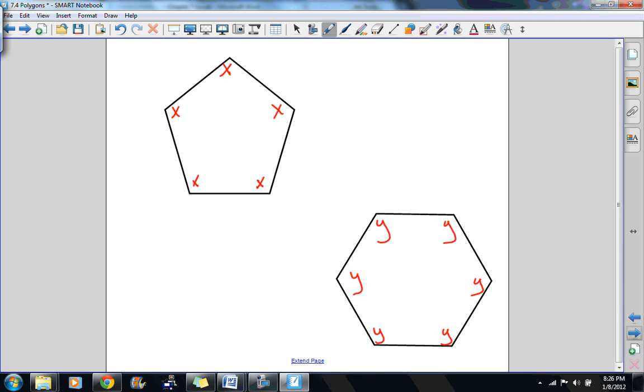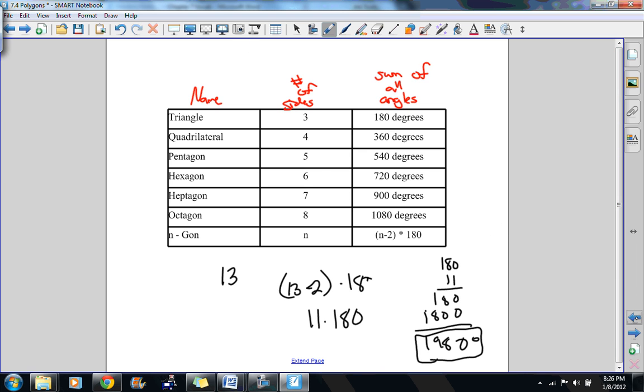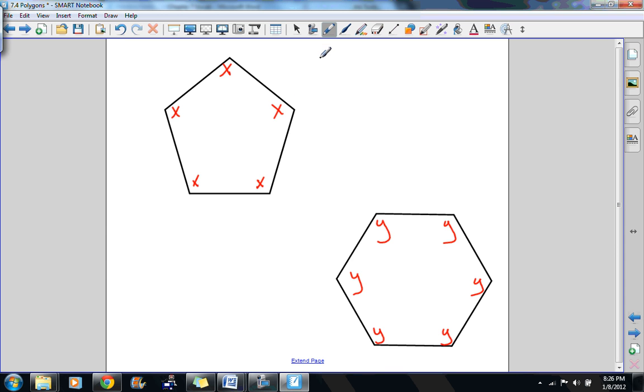So for these, we would look at the number of sides that it has. And these are all regular shapes because all the angles are the same. So I would go here and I would say that is a pentagon. So it has 540 degrees. So I would do just like we did with the triangles. I'd go 540 equals x plus x plus x plus x plus x.